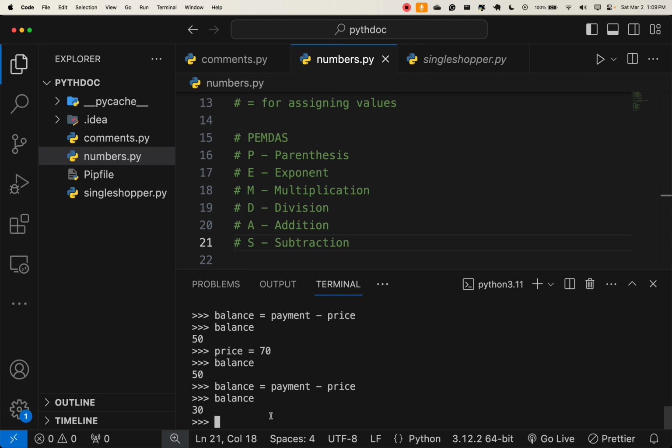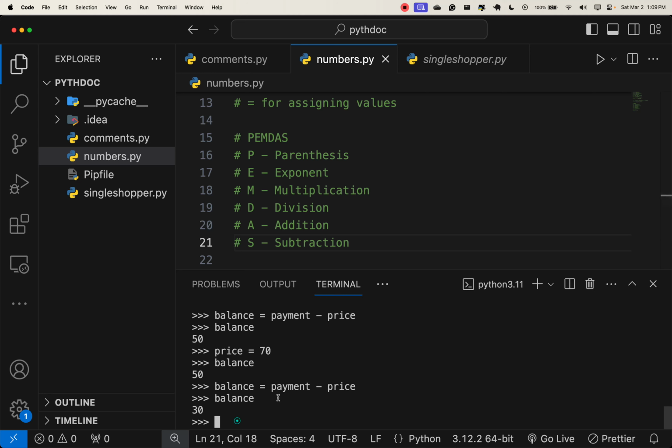However, for arithmetic expressions, like what we've been looking at in a couple of videos now, they are executed from left to right. And if our program involves parentheses, that is handled first.